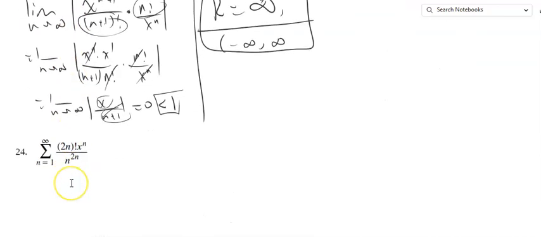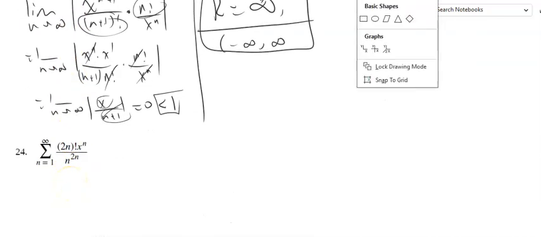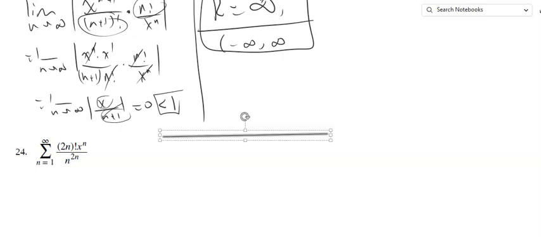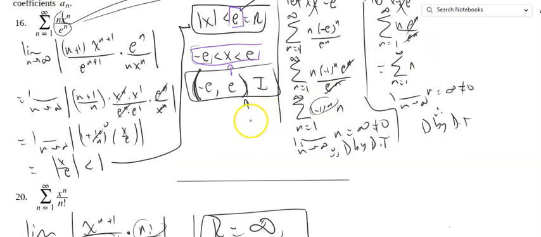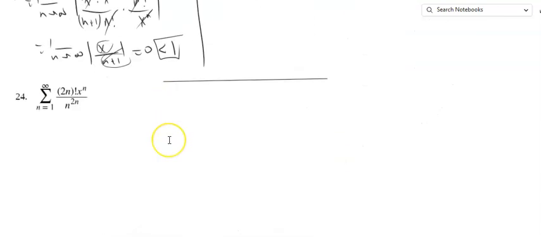This way you don't have to memorize all of these cases. If the limit is always less than 1, the series converges for any value of x. That's kind of like saying the domain is all real numbers, versus here, where you're saying the domain is between negative e and e, not inclusive.